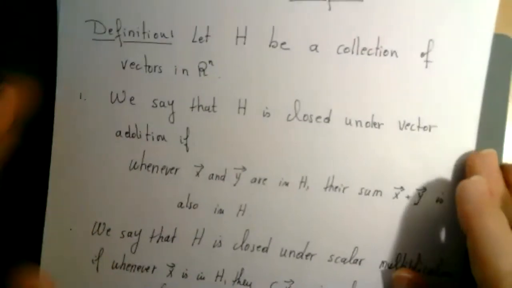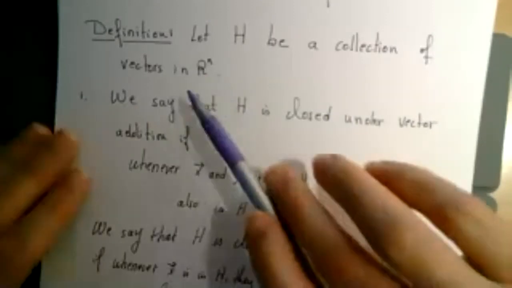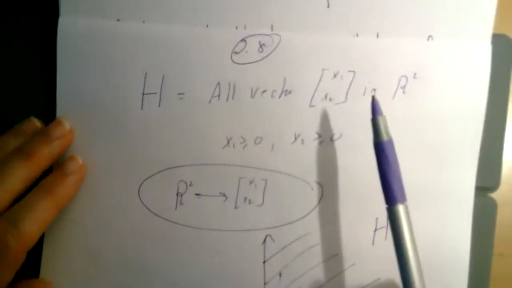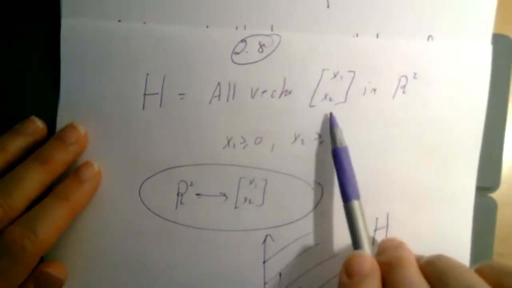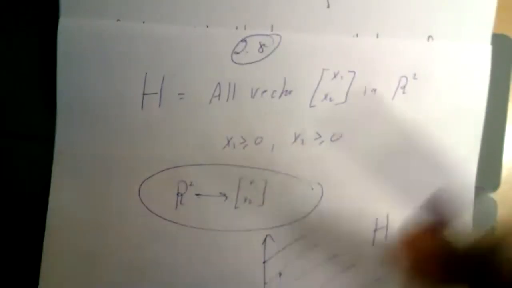So definition. Let H be a collection of vectors in Rn. That's exactly what I'm talking about here. When I say collection of vectors, I want you to have a picture: a bunch of vectors that have very specific properties within R2 or within R3 or within R4 and so on.